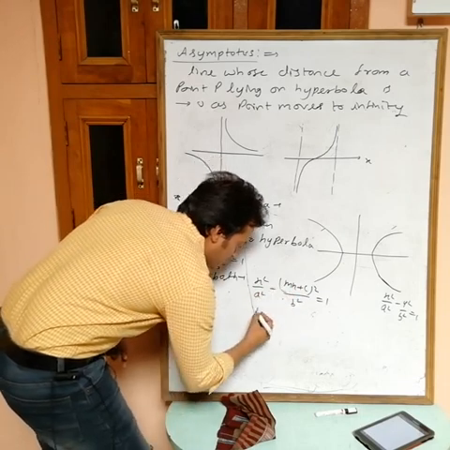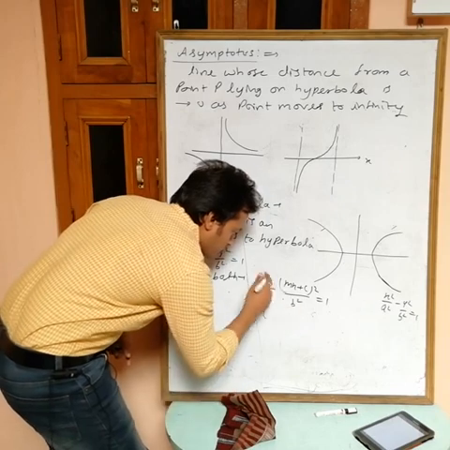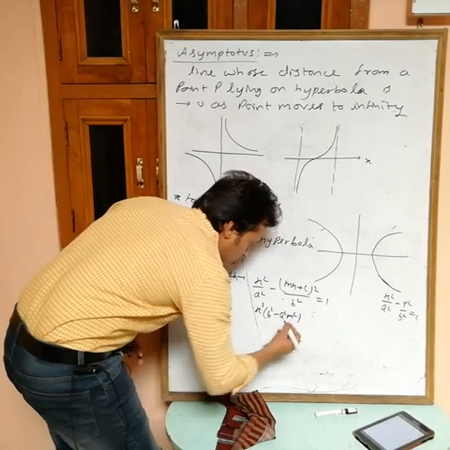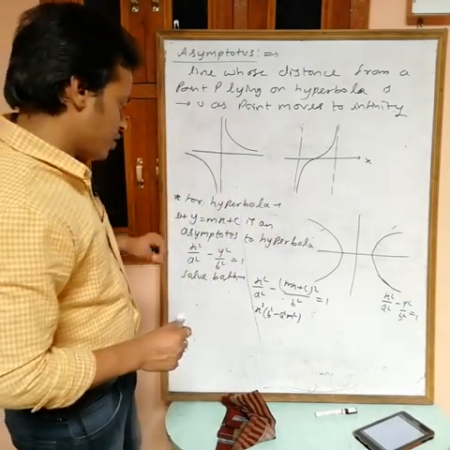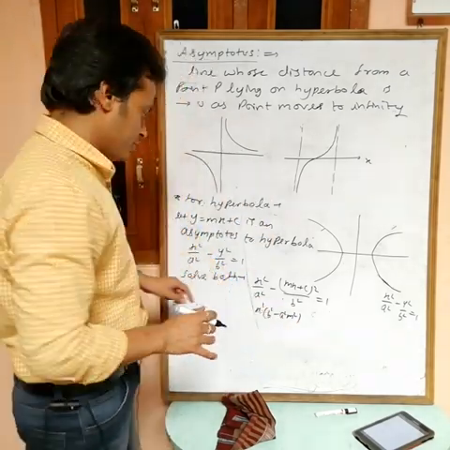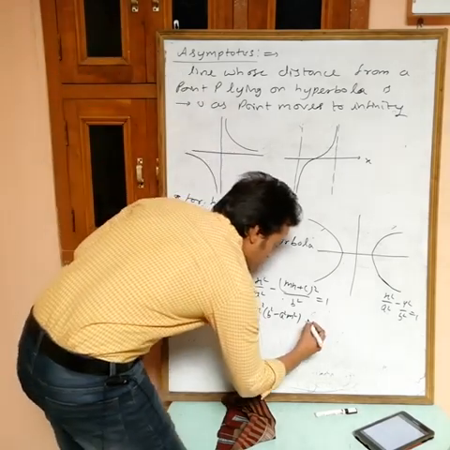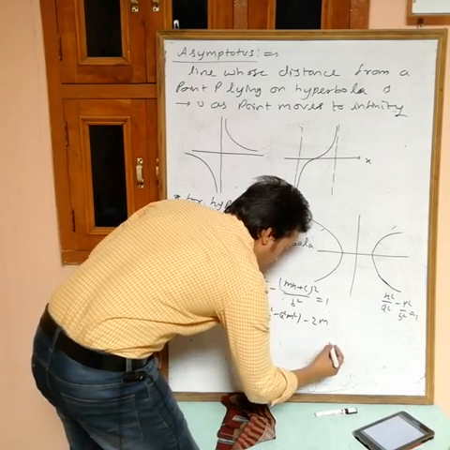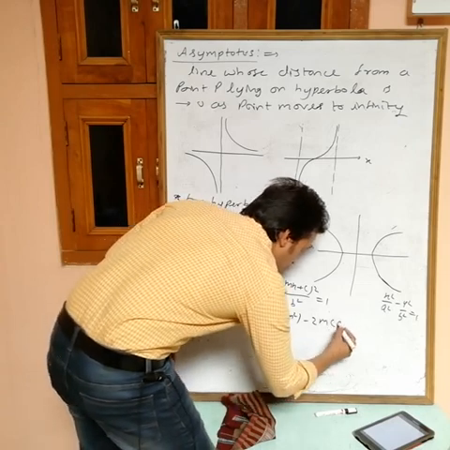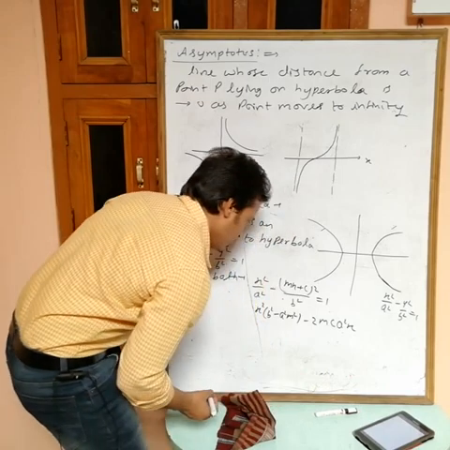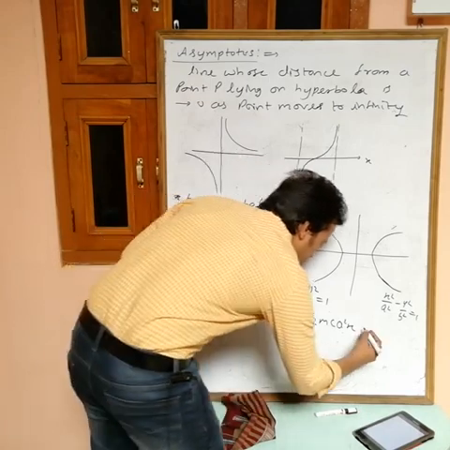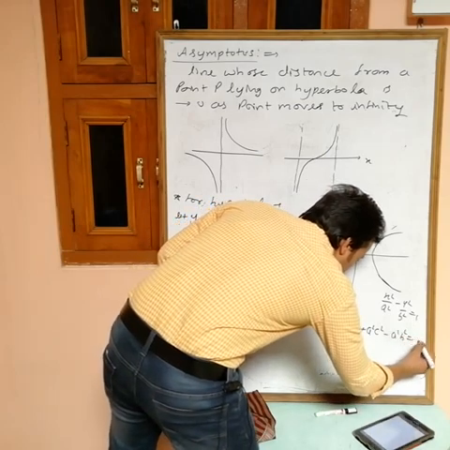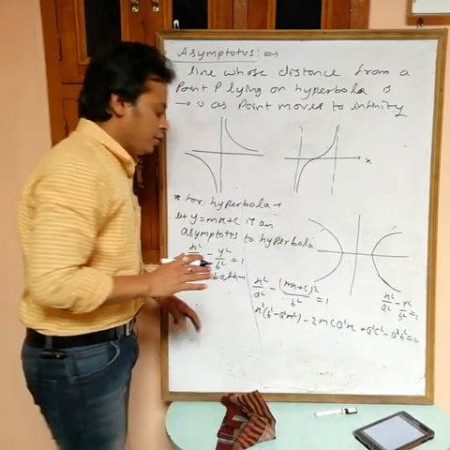If I rearrange, you get the coefficient of x square as b square minus a square m square. Now the coefficient of x, after taking LCM, is minus 2 m c a square. And the constant term is a square c square minus a square b square, equals 0. At the end you will get this.